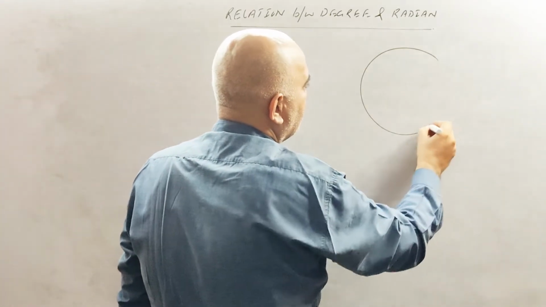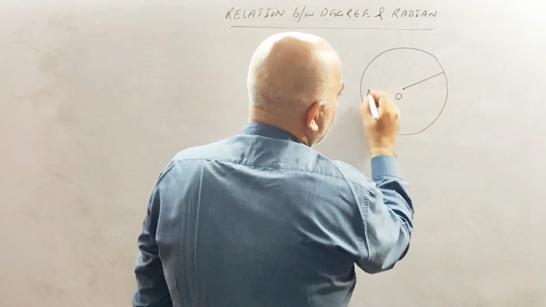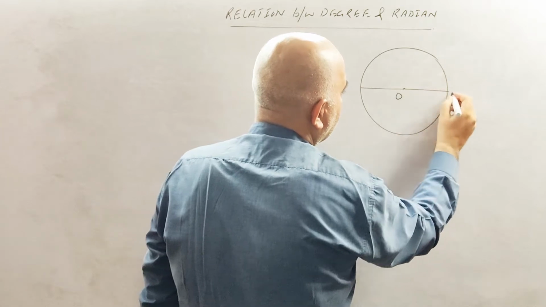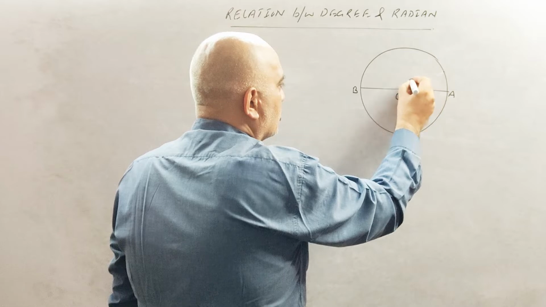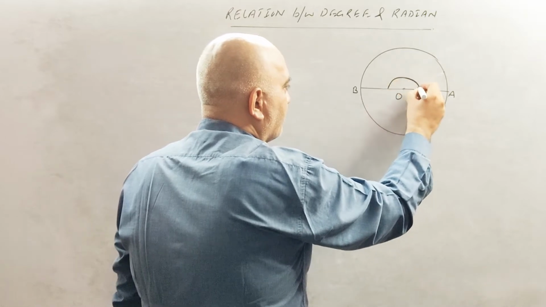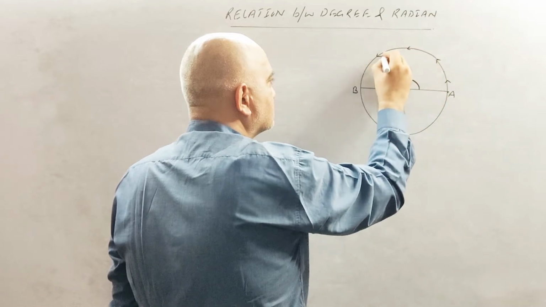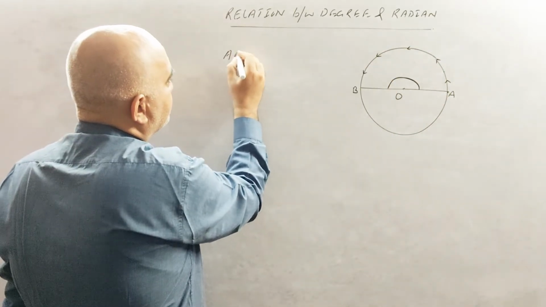Suppose there is a circle, and this is the central point O, and here is a diameter AB, right? When we move from this point A to B, what is the arc length?